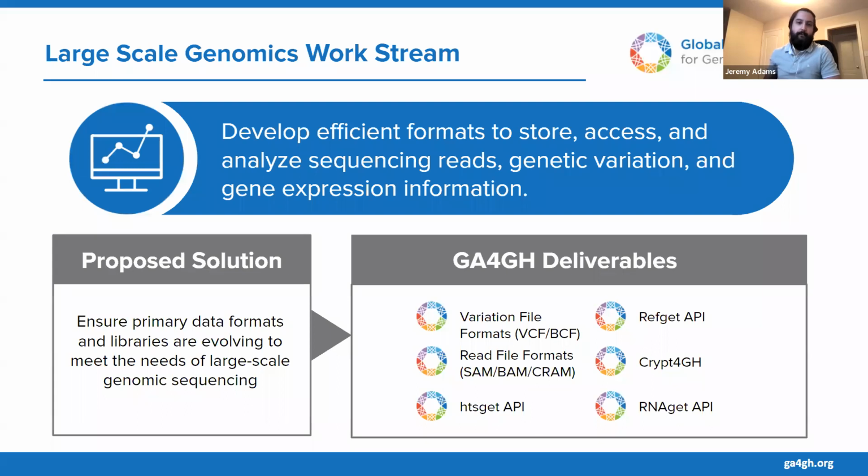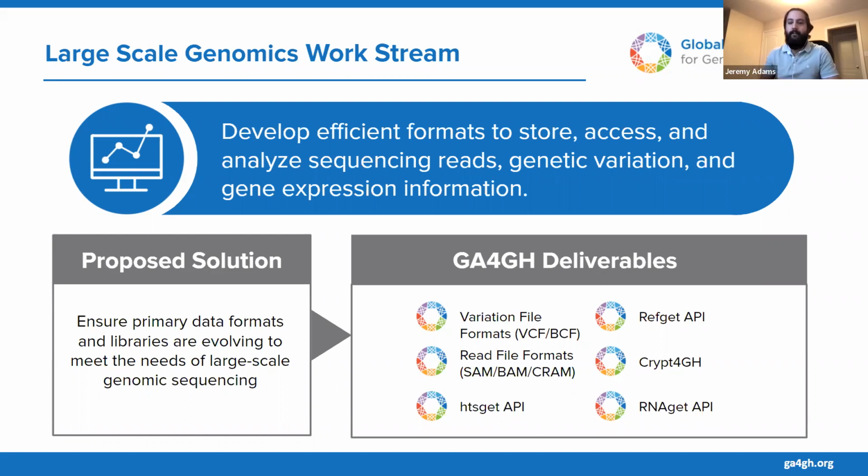To get into the file formats, there's the sequence alignment map, or SAM format, which is the industry standard tabular data format for aligning raw read information from a sequencer to a reference genome. We also maintain and develop the binary counterpart of SAM, which is known as BAM, as well as CRAM, which builds upon BAM as a compression standard.